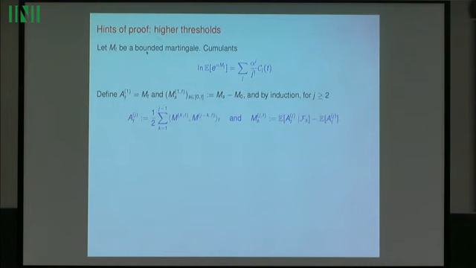So if you want to give a probabilistic representation to these cumulants, what you do is the following. First you construct recursively a sequence of martingales that will give you a representation for your cumulants. The first martingale you consider is your martingale, the cosine martingale minus its value at time 0.